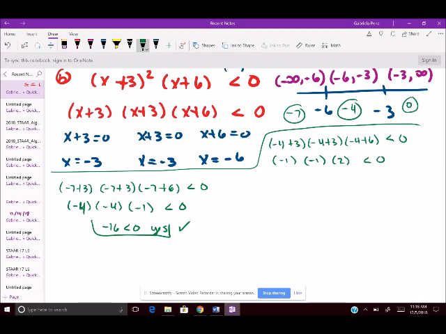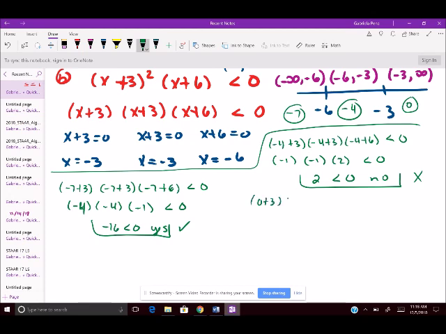So -1 times a -1 is 1, times 2 is 2. Is 2 less than 0? No. So this one is not an answer. X for wrong.